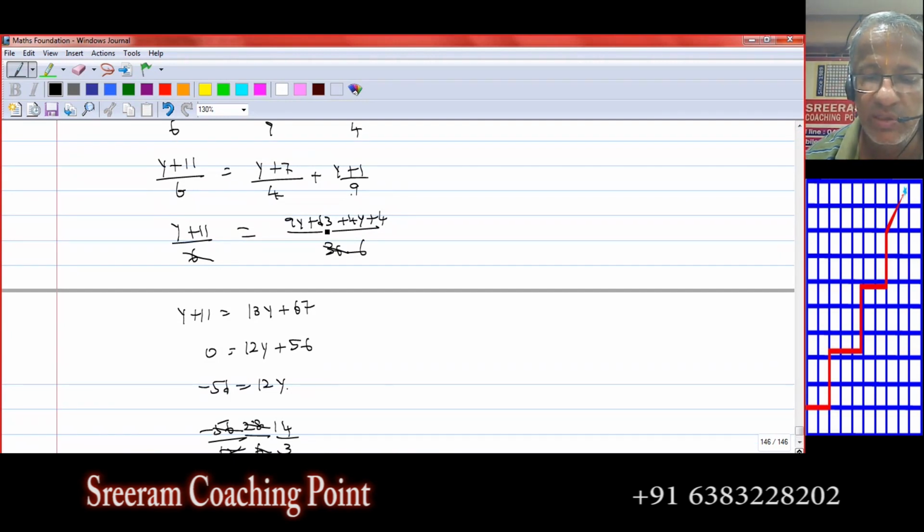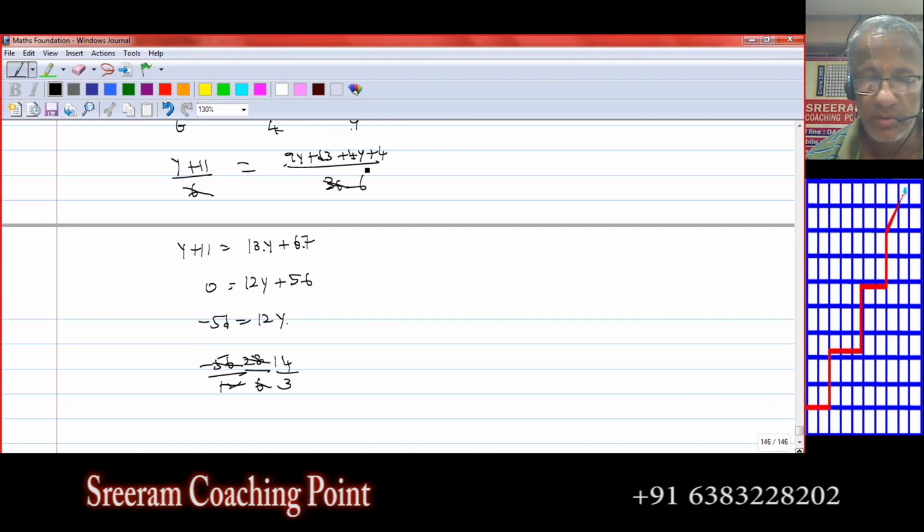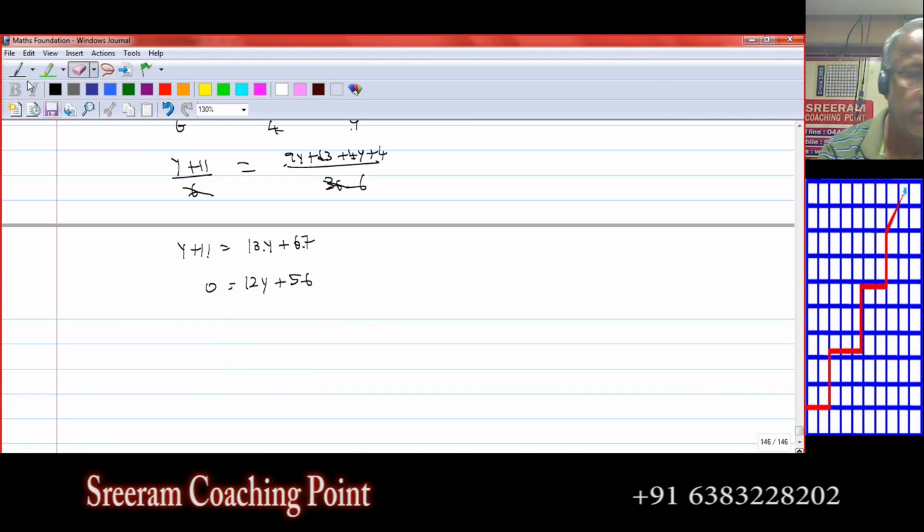9y plus 63, 4y plus 4, 13y, right? 67 is also right. y plus 11. 13y, so 12y. 56. 0 equal to 6y plus 28. 0 is equal to 3y plus 14, minus 14 equal to 3y. y is equal to minus 14 by 3.